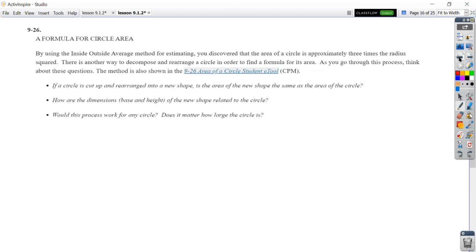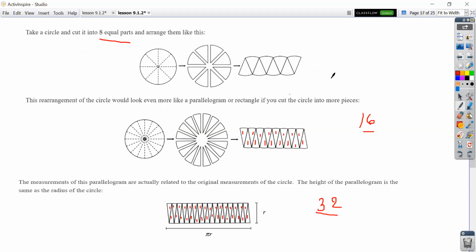All right, number 9-26, they ask us to find out how we can find the formula for the area of the circle. First, they want us to take a circle like this and cut it into 8 equal pieces, and put them back together.